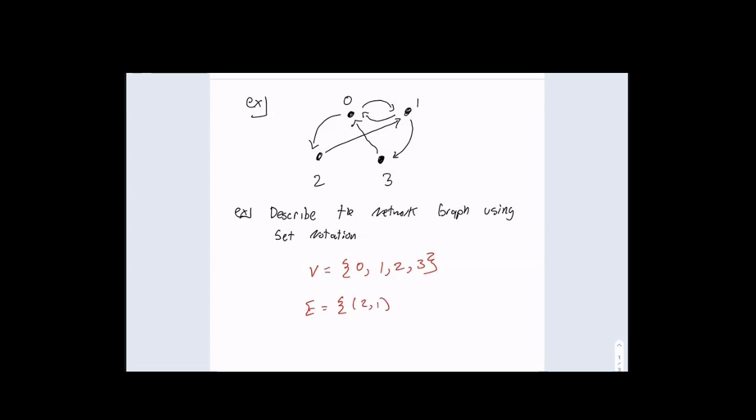Parentheses 3, 0. We got 1, 3. 1, 0. 0, 2. And 0, 1.